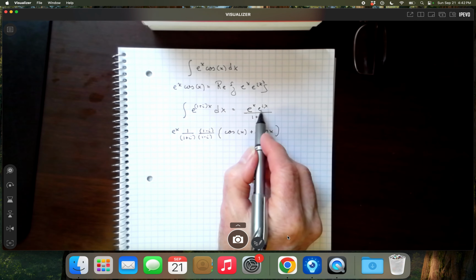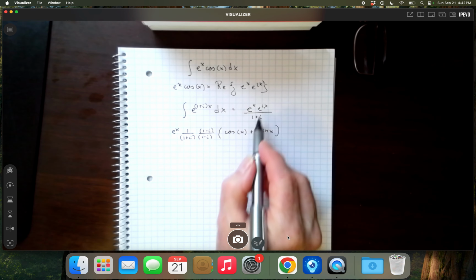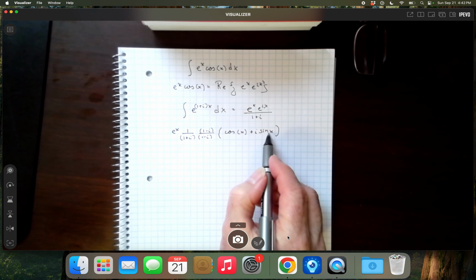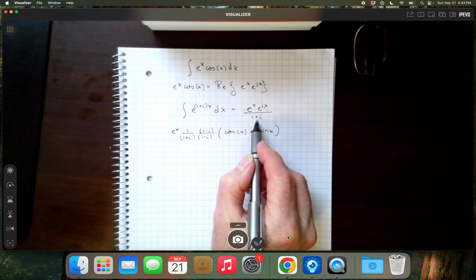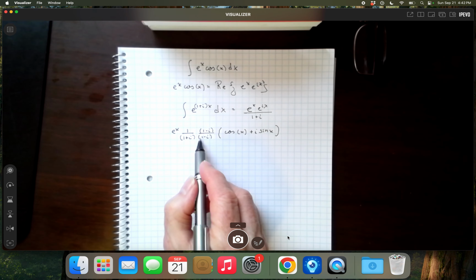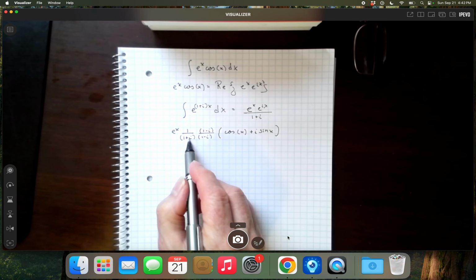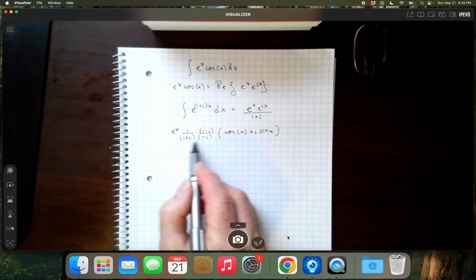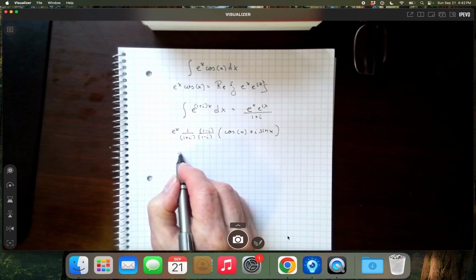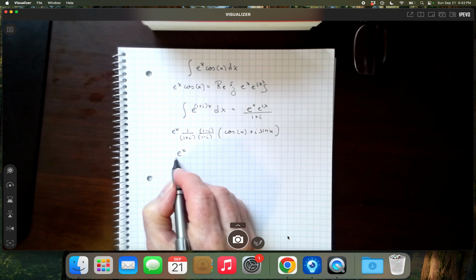You want to take the real part of this. So we're using Euler's identity to rewrite e to the ix this way. And this 1 over 1 plus i, I'm doing this. Now, 1 plus i times 1 minus i, that's equal to 2. So I had e to the x over 2.